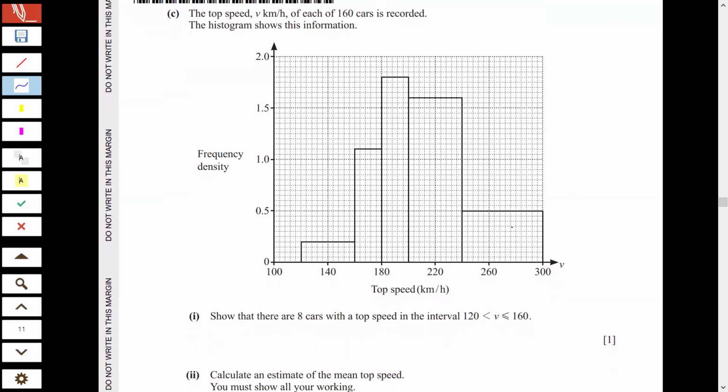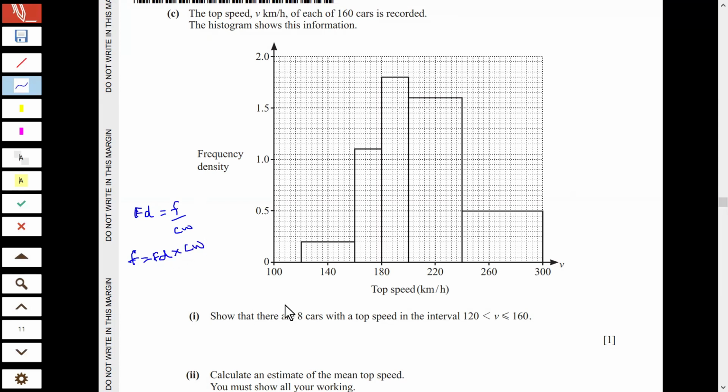Now, to show this, they want the frequency. So we have to apply the formula for frequency density. Frequency density, which we represent as FD, is equal to the frequency over class width. So the frequency F will be equal to frequency density times class width.